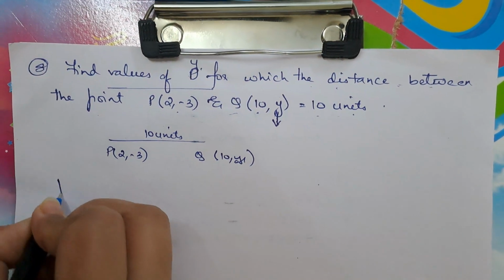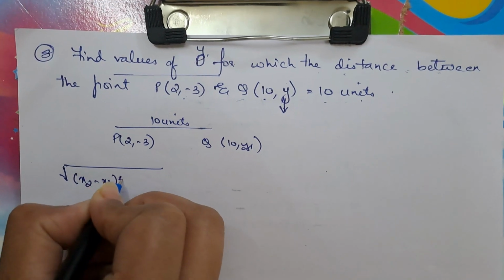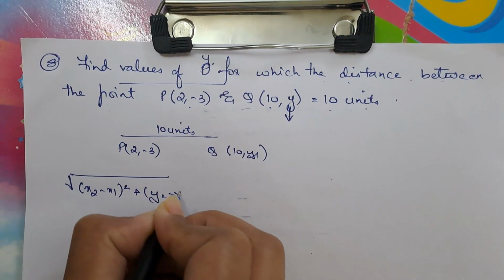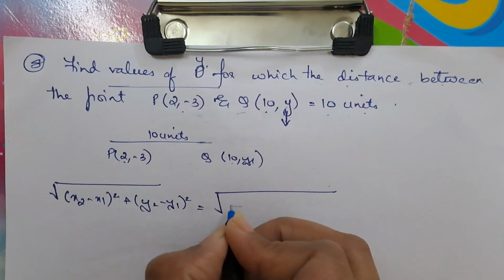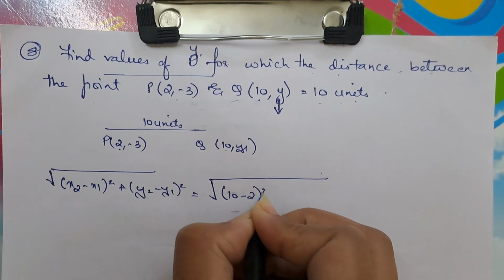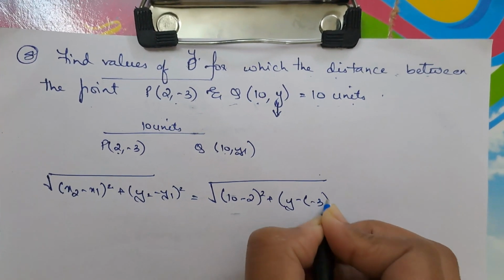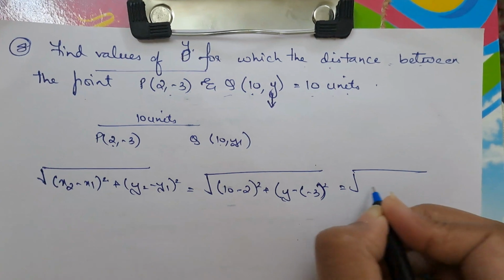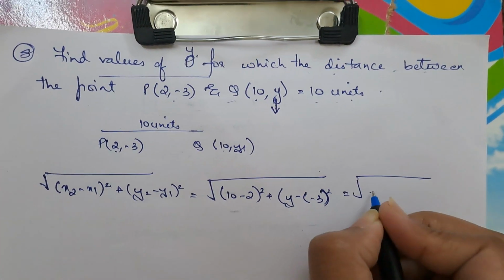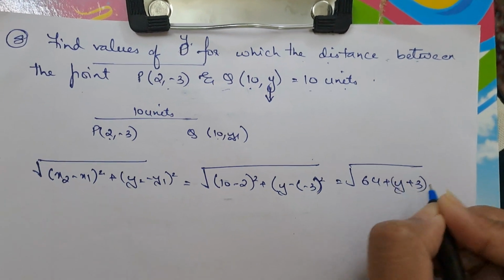So under root of x2 minus x1 whole square plus y2 minus y1 whole square is equal to under root of x2 minus x1, that is 10 minus 2 whole square, plus y minus of minus 3. It eventually becomes 10 minus 2 is 8 square, 8 square is 64, plus y plus 3 whole square.